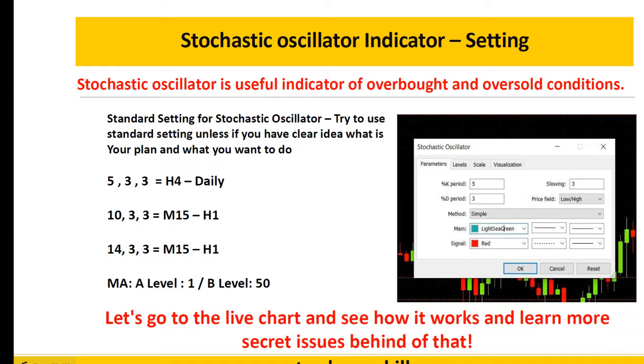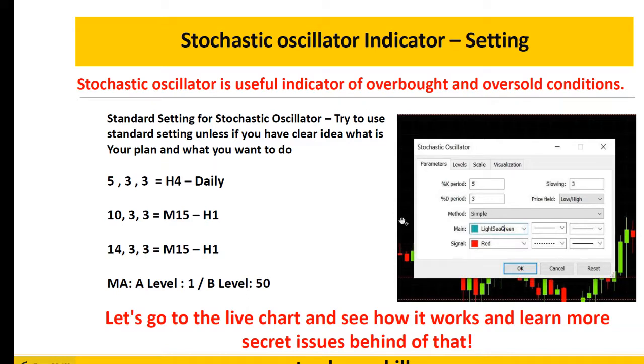If you want to use it for the 4 hour chart, daily chart, I mean for long-term trading or daily trade, you can use the setting 533. And if you want to use it for the 1 hour chart or less than 1 hour chart, from 15 minutes to 1 hour chart, you can use the setting of 1033 or 1433.